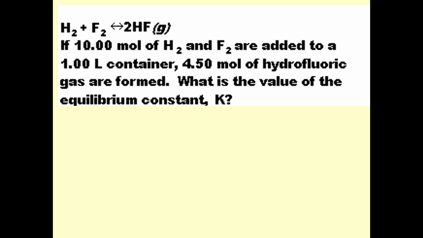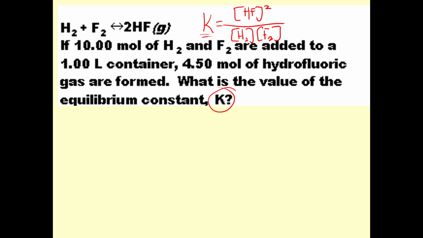Okay, here's one that we can do. All right, so we're looking at this. We want an equilibrium constant. Let's write out the formula for the equilibrium expression. HF squared, because the coefficient's 2, divided by the concentration of hydrogen times the concentration of fluorine. All right, so we're looking for this. Right?